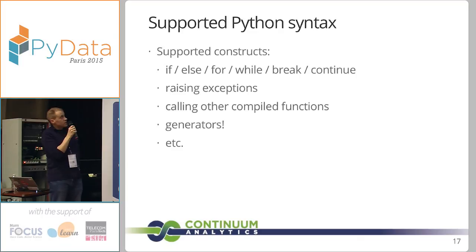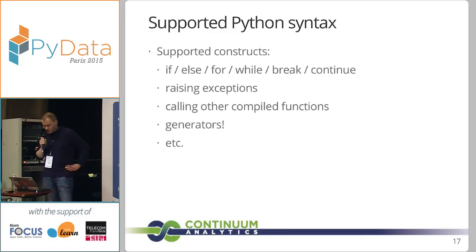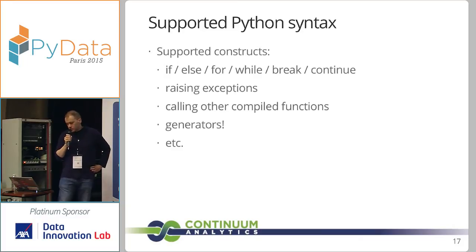We support calling other compiled functions with various call conventions, named and default arguments, and so on. We support generators. This is very new. It's actually in the next release, which will be out in, I think, perhaps 1 week. So you can write generators in Numba.